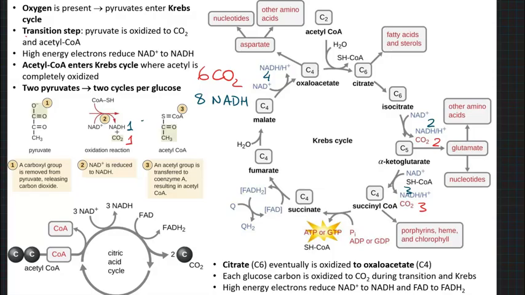The rest is fairly easy. We need to count ATP. There's only 1, so we need to double it. Therefore, 2 ATP. And finally, FADH2. There's only 1, so 2 FADH2.